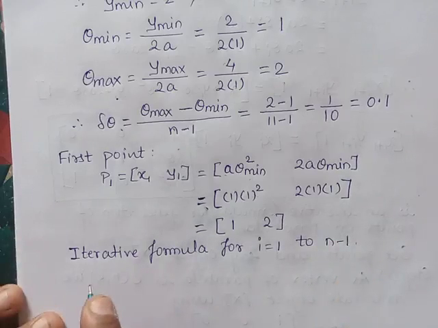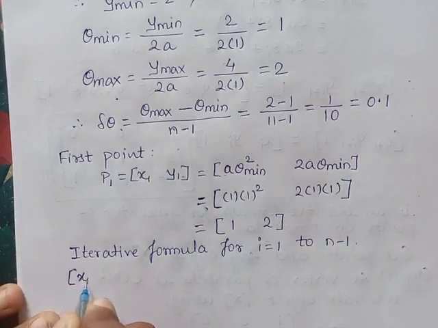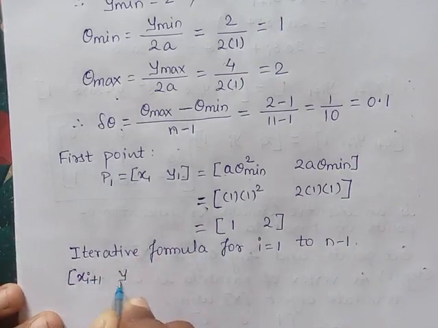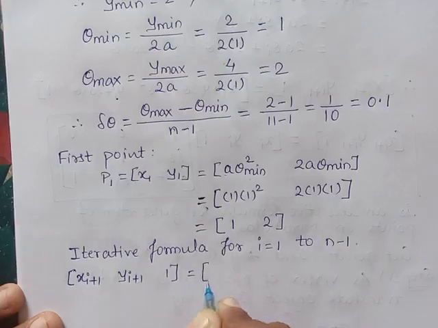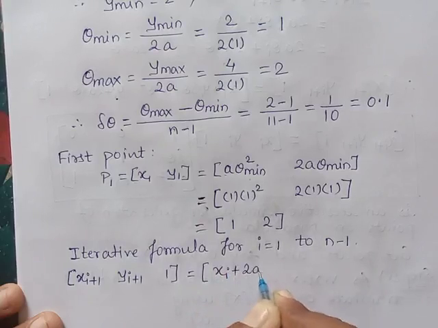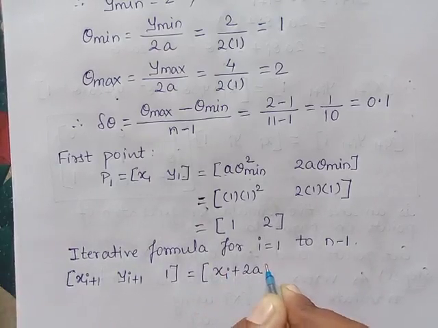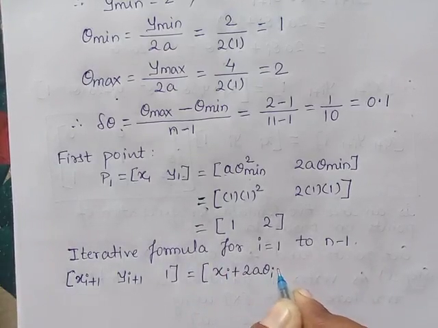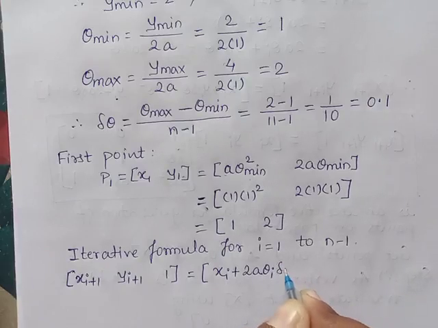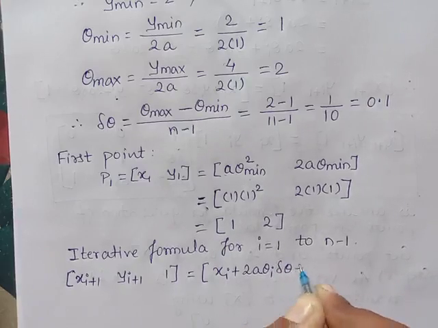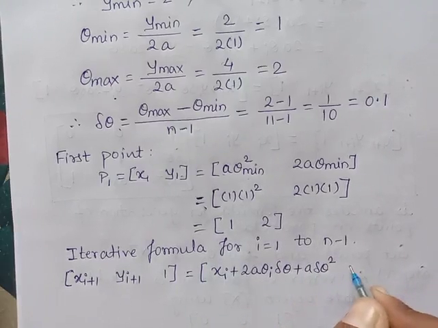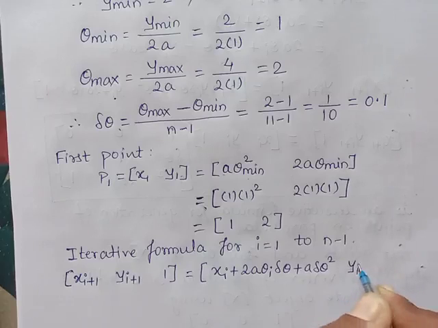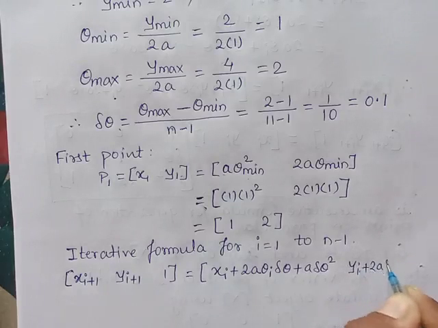What does the formula say? x i plus 1, y i plus 1 equal to x i plus y i delta theta plus a delta theta square, and y i plus 2a delta theta.